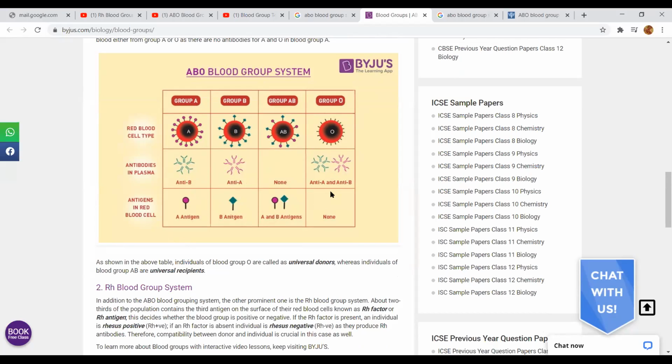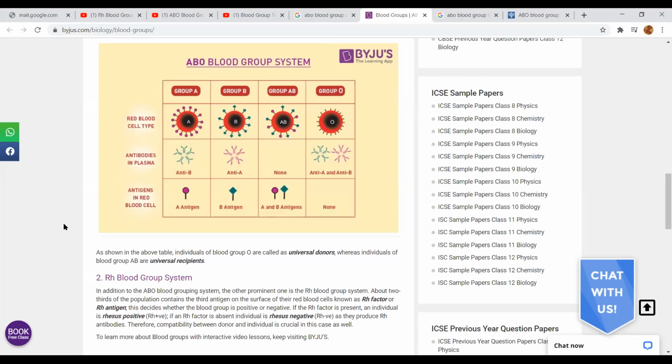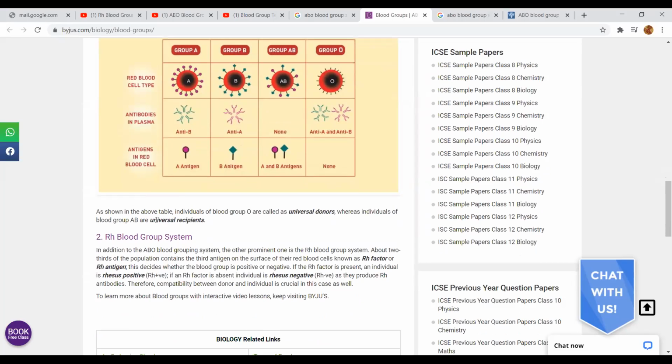In blood group O, there are two antibodies, anti-A and anti-B. And coming to antigens, A will have A antigen, B will have B antigen, AB will have A and B antigens both, and O will have no antigen. So this is how the blood grouping system is.